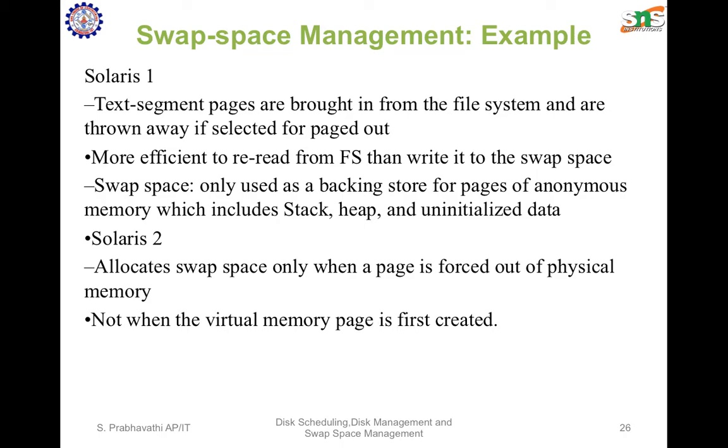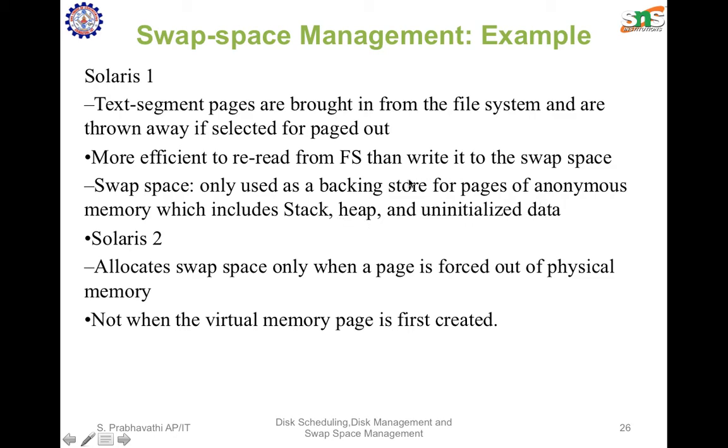Okay. And in Solaris 2, mainly swap space is used for backup. This is again not in Solaris 2, Solaris 1. So mainly swap space is used for backing up of anonymous memory. It means in the main memory, apart from operating system and our program, there will be a space allocated for these data structures: stack, heap and uninitialized data.